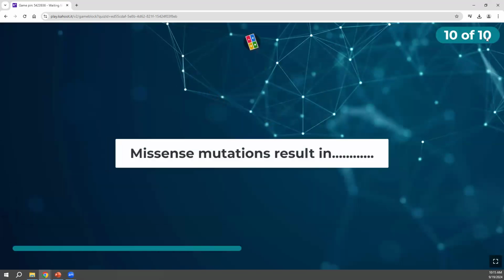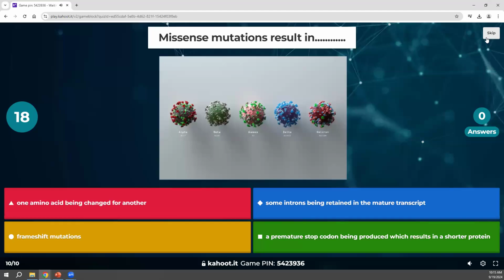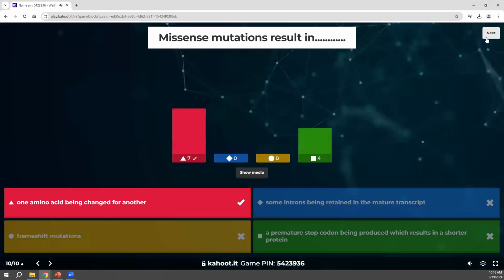Okay. Missense mutations result in, okay, when you have a missense mutation, here we have one amino acid being changed into another.